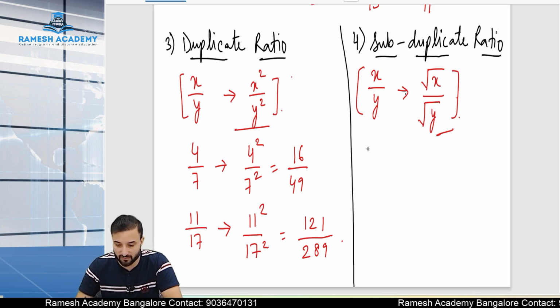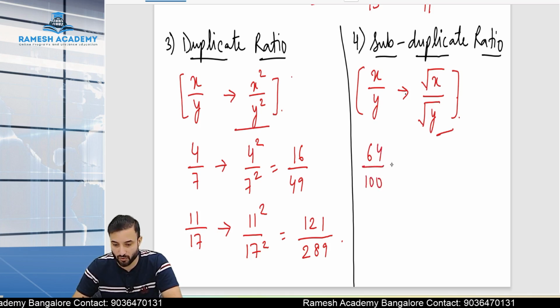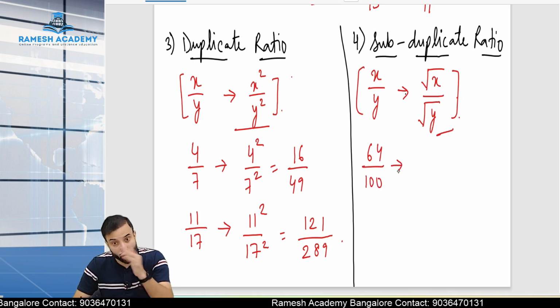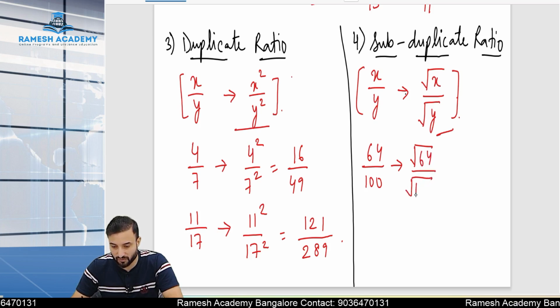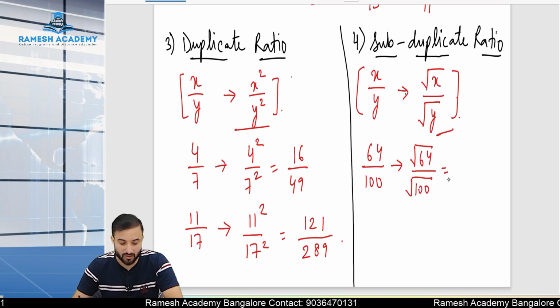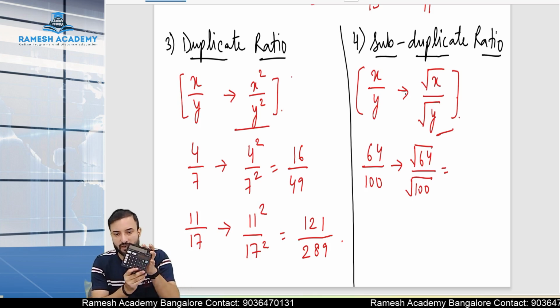Let's suppose as an example, 64 by 100 is a one ratio. We have to find the subduplicate. The subduplicate means we will do the square root. The square root of 64 by square root of 100. So guys, square root we know, right? You have a calculator.